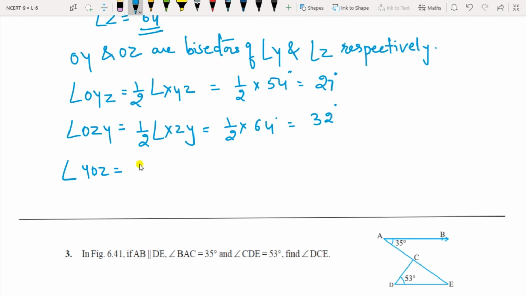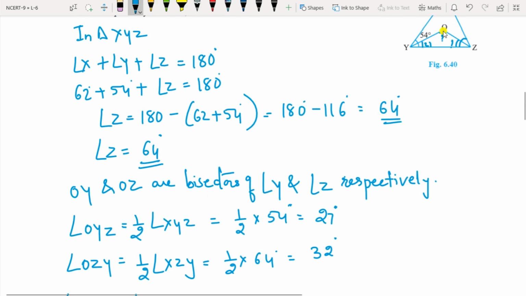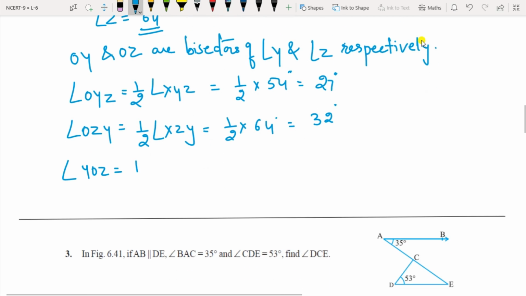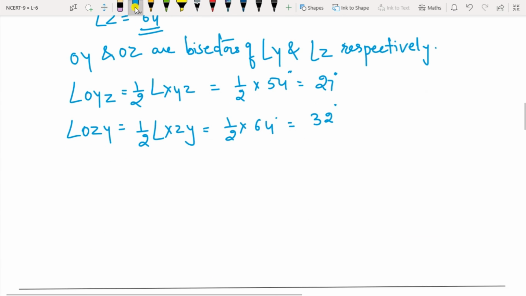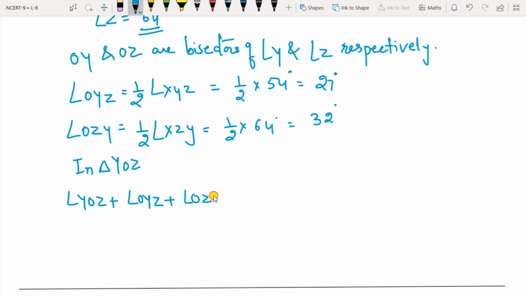equal to, you know, angles of triangle. So you have to find the center angle. So we will consider YOZ as a triangle. So in triangle YOZ, angle YOZ plus angle OYZ plus angle OZY will be equal to 180 degrees.